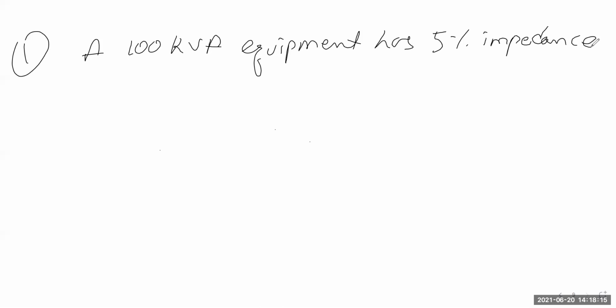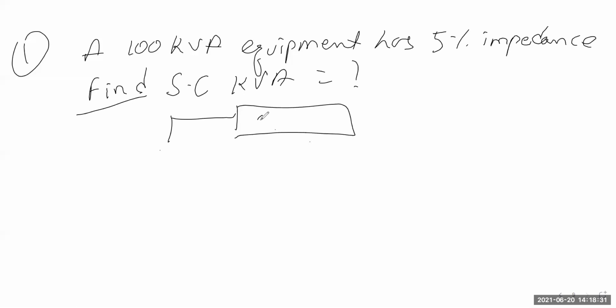This is the circuit. What we have to find is the short circuit kVA value. So what has been given is the 0.05 per unit impedance.